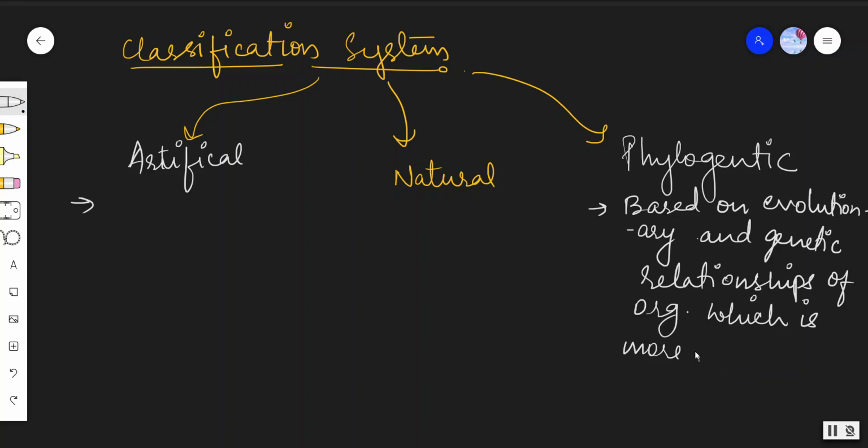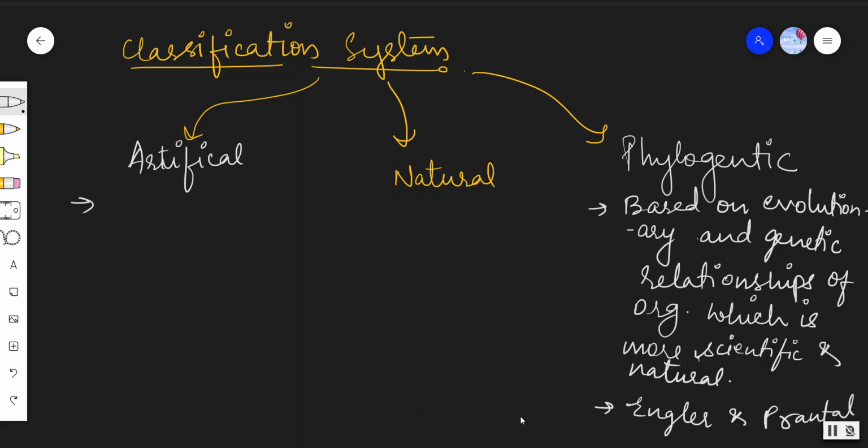Clear? And this was first proposed by Engler and Prandtl.